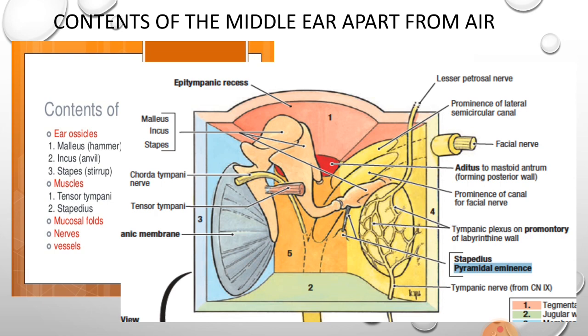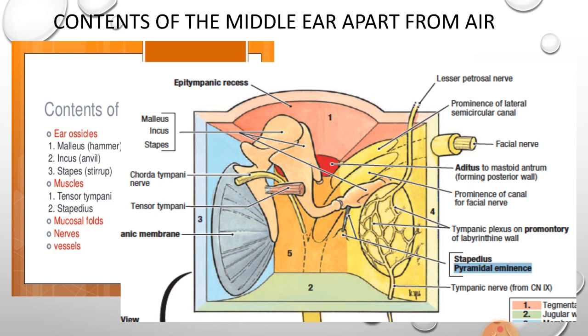So number 1 is air. Number 2 is ear ossicles. Ossicles are the small bones of the middle ear cavity. Their names are malleus, incus, and stapes. Now malleus is the hammer, incus is the anvil, and stapes is the stirrup.